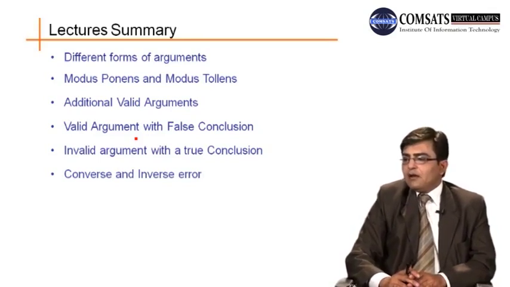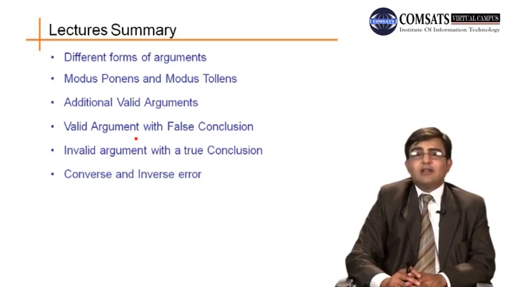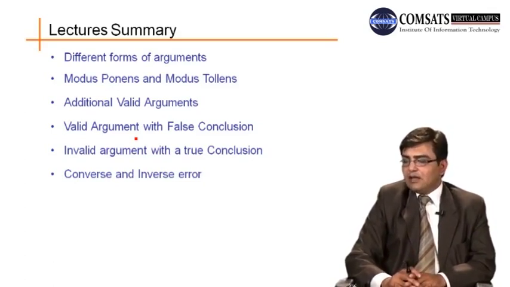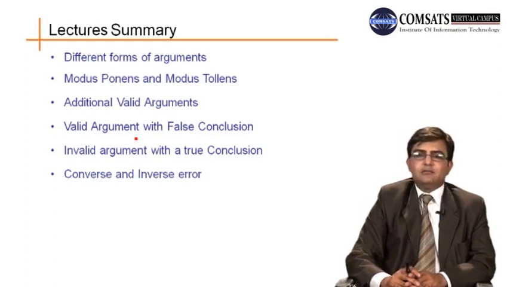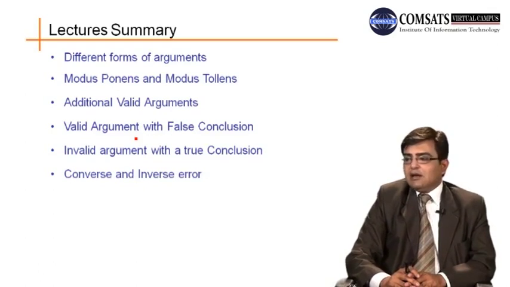And we have done an application of argument forms. We have found the glasses of that man which he forgot on the coffee table. We have studied also some invalid forms with true conclusion and valid forms with false conclusions. And lastly, we have studied the converse and inverse error.